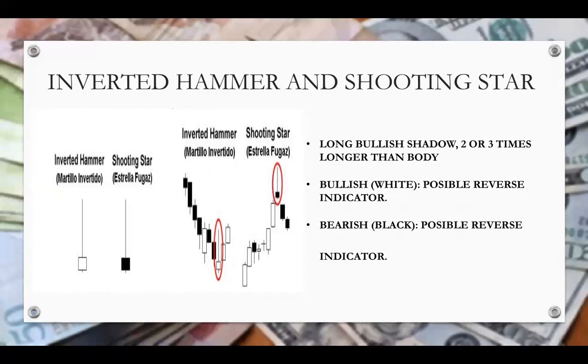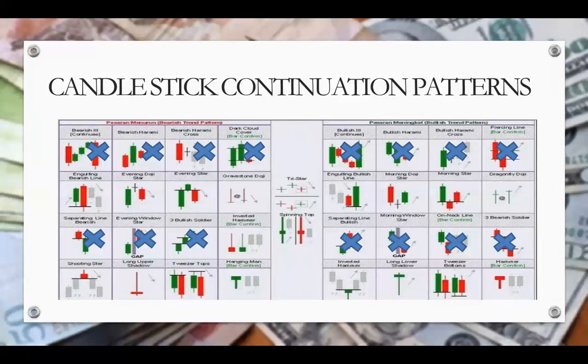The white one is bullish and the black one is bearish. It also indicates the market can go in the direction where the market closed. So this is the close. Okay, open, close. Inverted hammer and shooting star have different meanings.